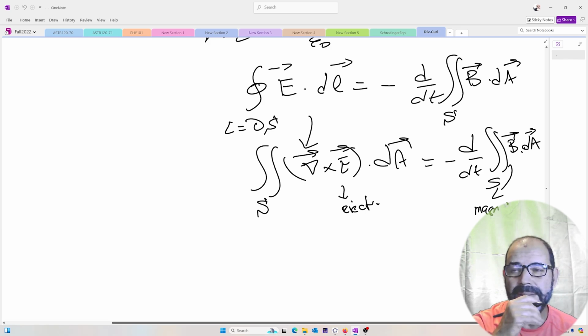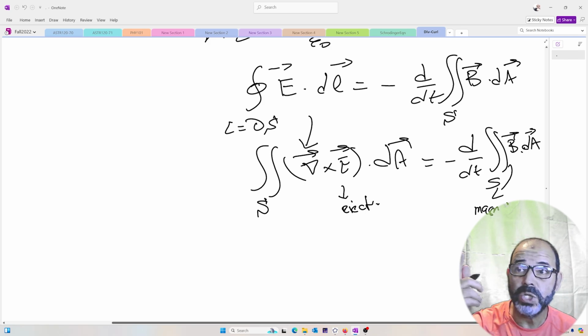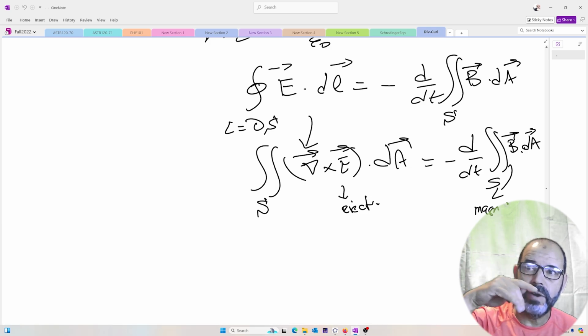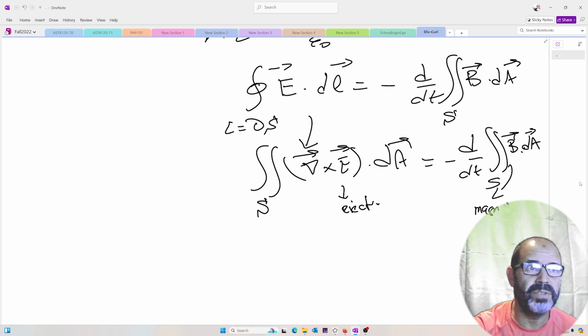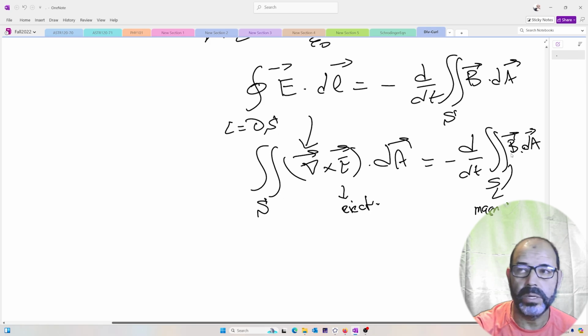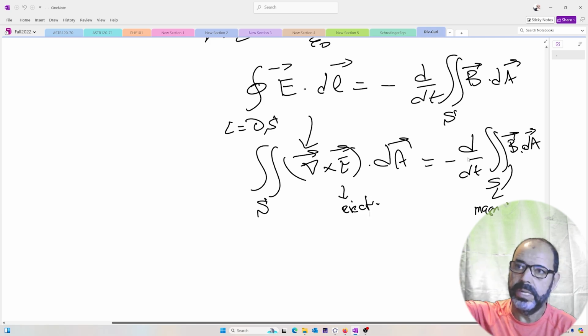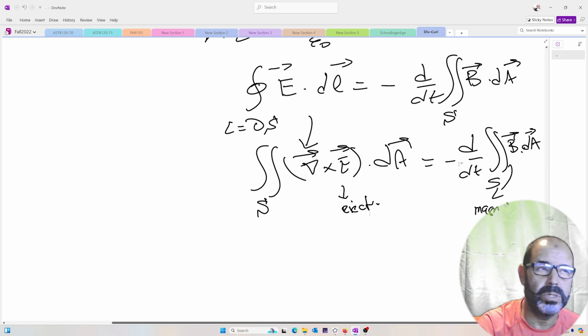So in this case, B is a function of x, y, z, and t. So when I'm taking the derivative of the vector itself, here, of course, after I integrate, I will only be left with the time-dependent function, because I am eliminating all the x's, y's, and z's. So that's why the derivative here is the standard derivative that is written. But if I'm taking the derivative inside the integral, then I have to convert that derivative into a partial derivative, okay?